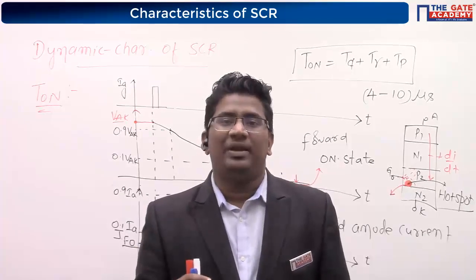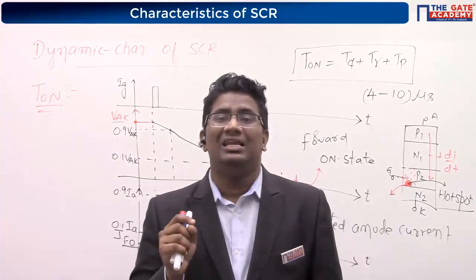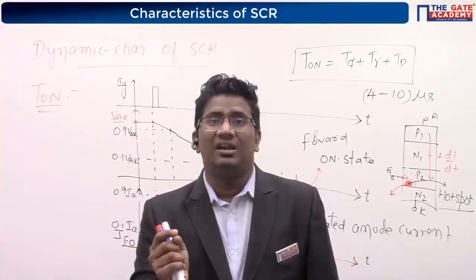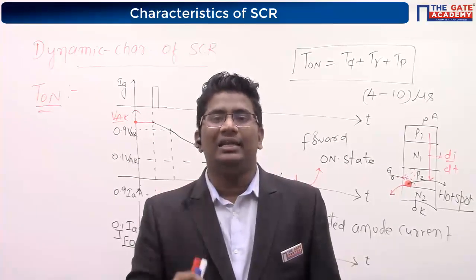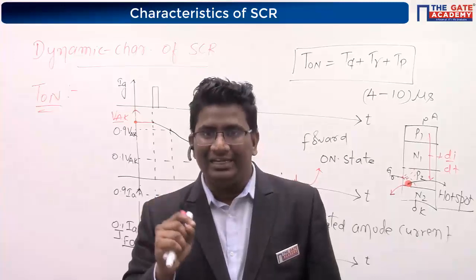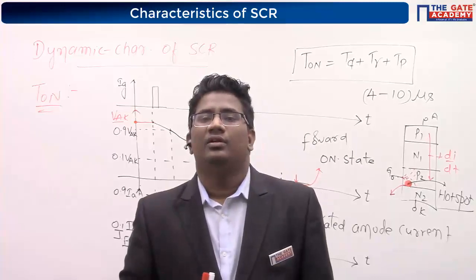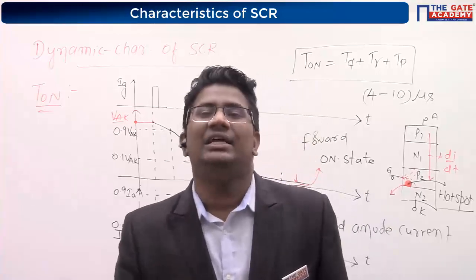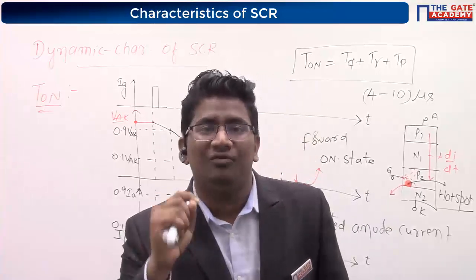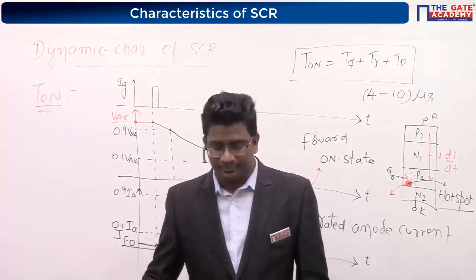If the charge spreading velocity is less than the external di by dt, tell me, what will happen? If the charge spread velocity is less than the external di by dt, then what will happen?